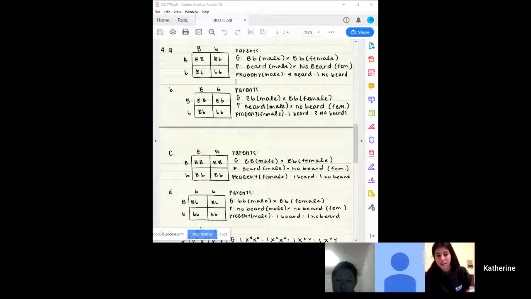Yeah, if it's a monohybrid cross, meaning it's just one trait against one trait, and it'll be a 3-to-1 ratio. If it's two traits against each other, then it'll be different.